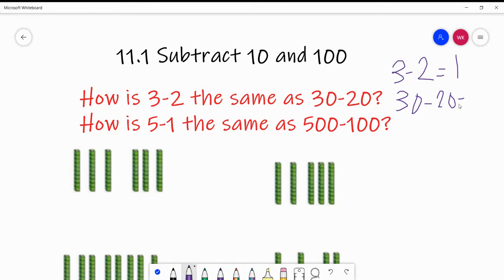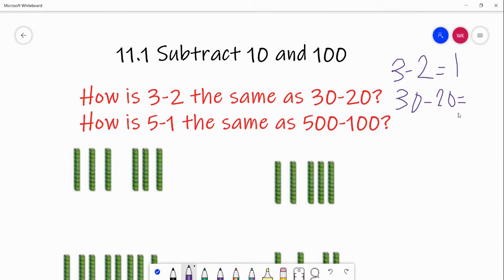Just like I taught you guys in that last video, all you need to do is add that 0. That is the exact same thing that you are going to be doing in this problem. So you already know 3 minus 2 equals 1, and then you need to add that 0 in, add that ones place in, so 30 minus 20 equals 10.